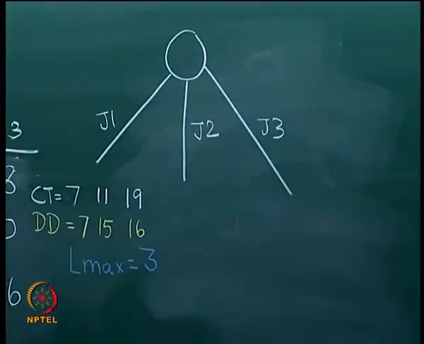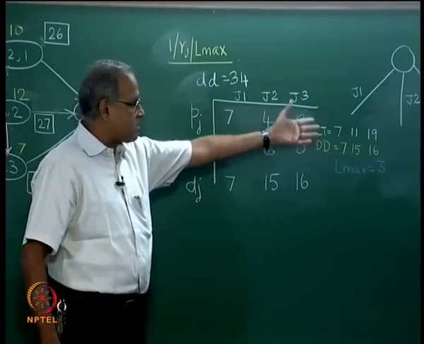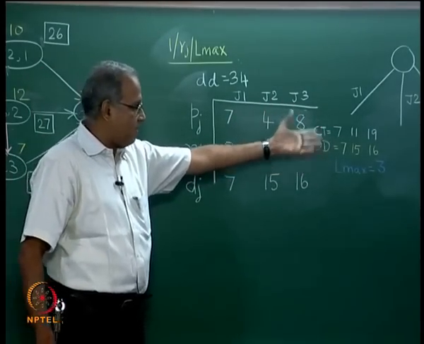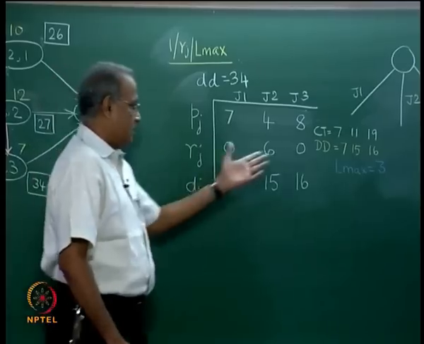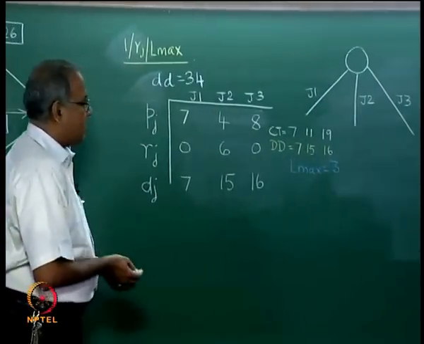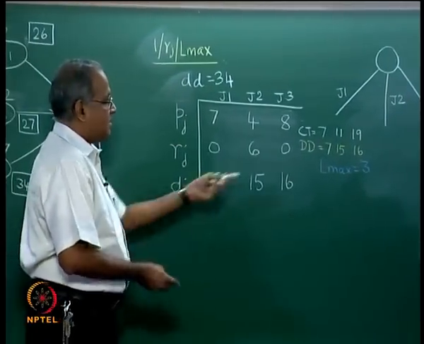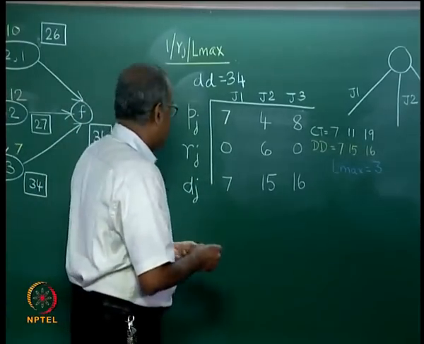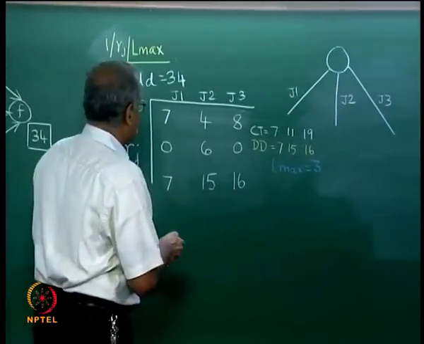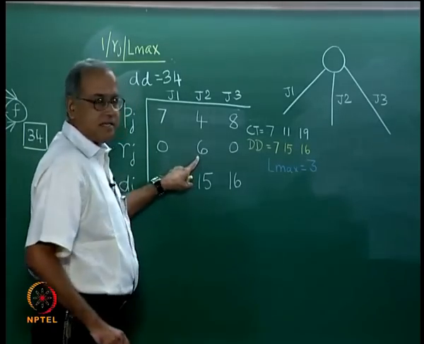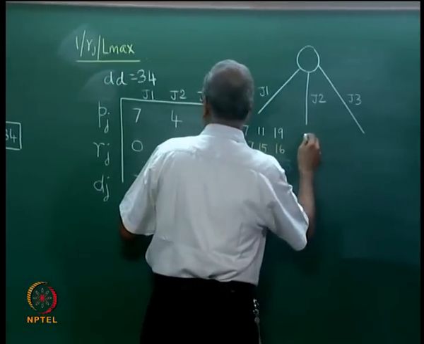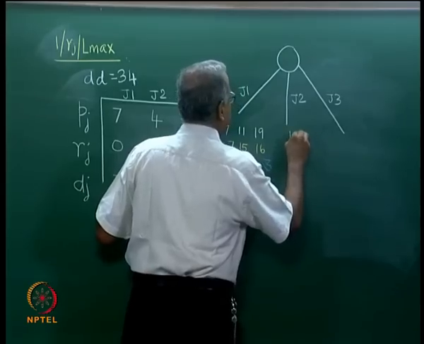We also observe that we get a feasible solution when we actually apply this preemptive EDD rule. We get a feasible solution with L max equal to 3. Now, with J2 as the first job in the sequence, so J2 starts at 6, completion time is 10.